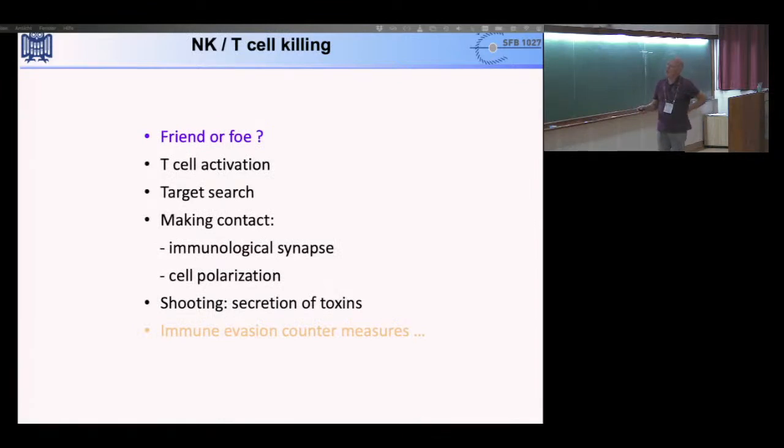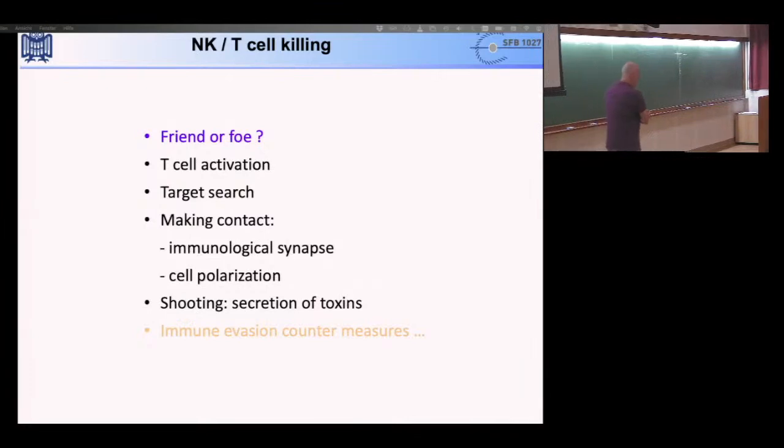Before I proceed, what you have seen in this movie is actually really scary. These T cells are serial killers once activated, and they kill everything once they recognize the cognate antigen on this surface.